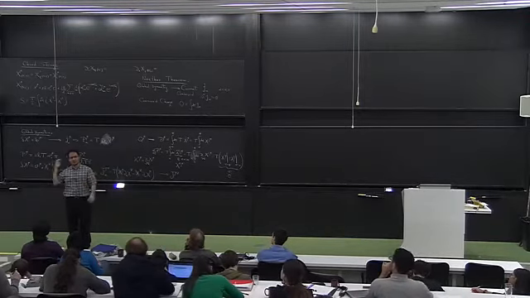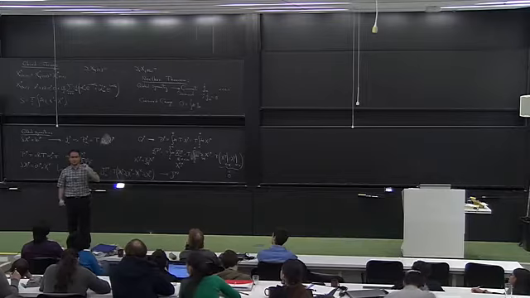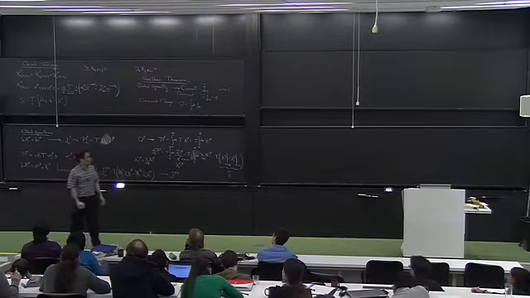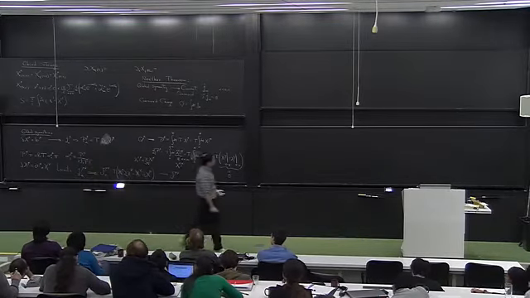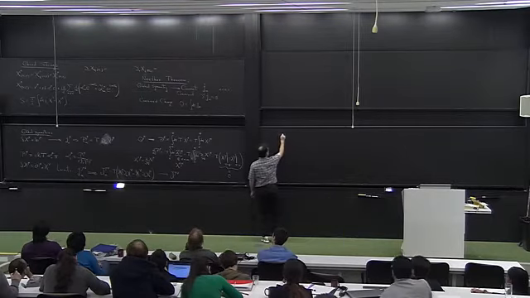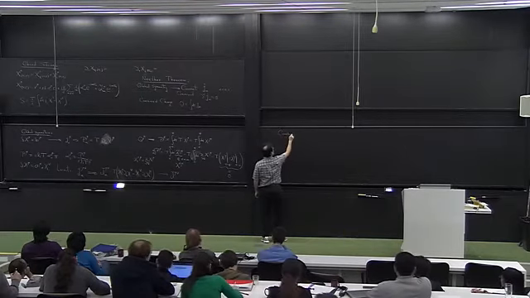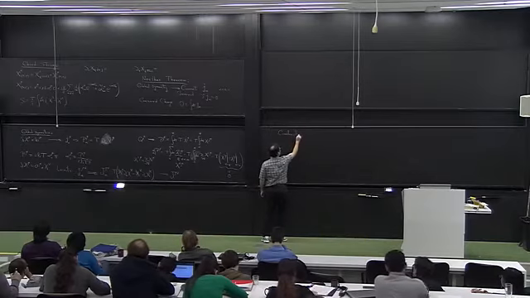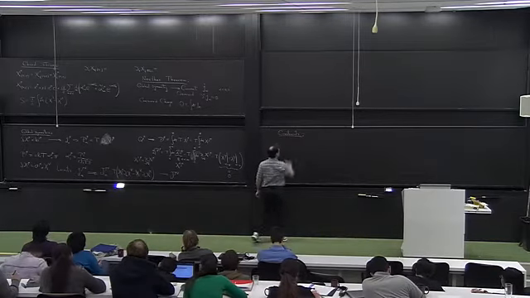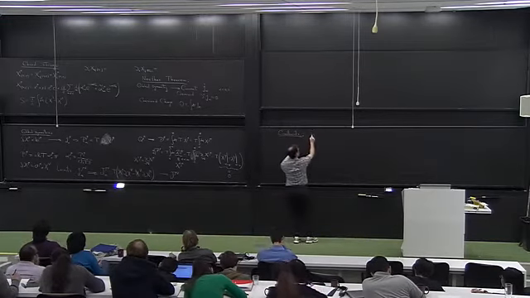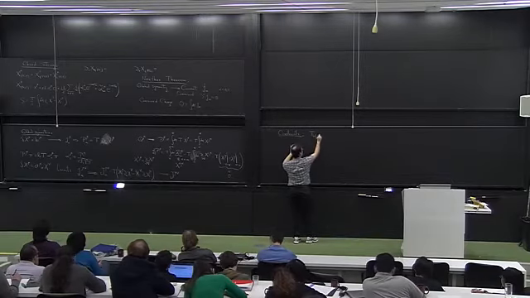Remember, this action is the action we got by gauge fixing the worldsheet metric. So in order to have the full physical picture, we also have to remember to impose the constraints, which were coming from asking the vanishing of the energy momentum tensor.